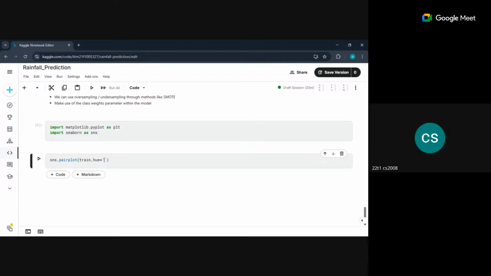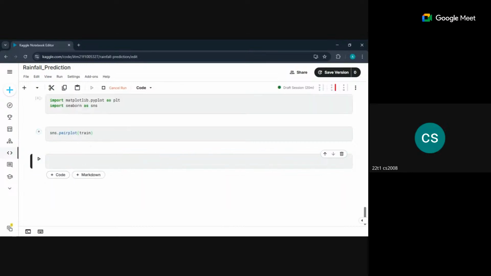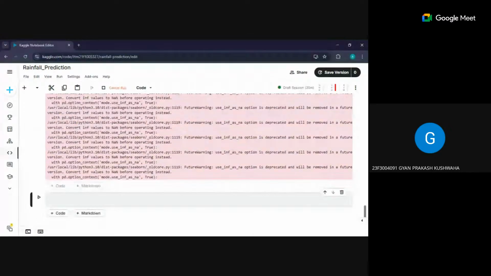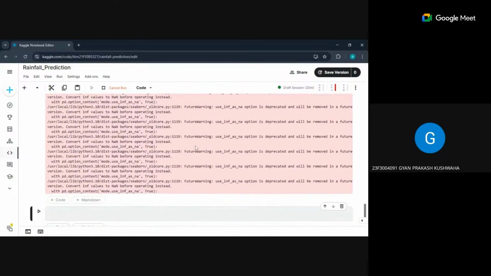Let's see if we can color it based on the target. Let's do it without the hue first and then let me add color. Sir, hue is used when we want to check the distribution of data and add another piece of information about the target variable.